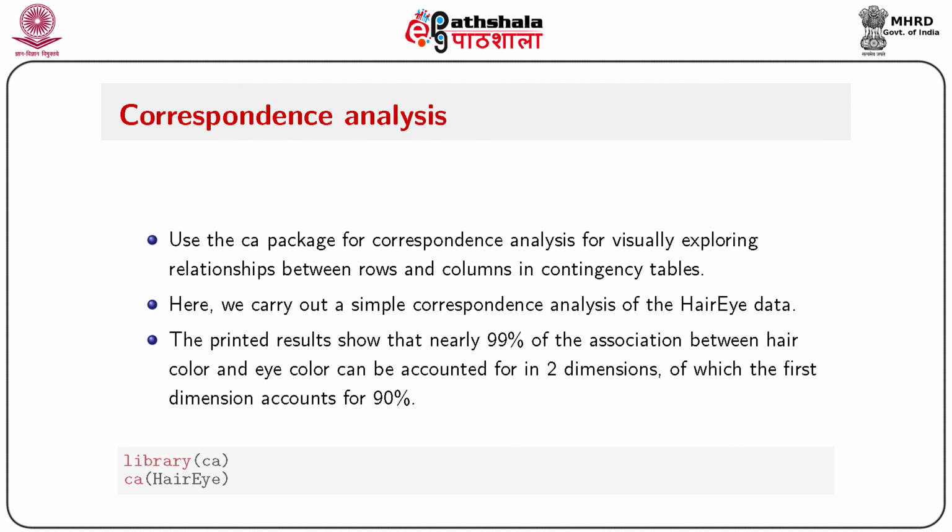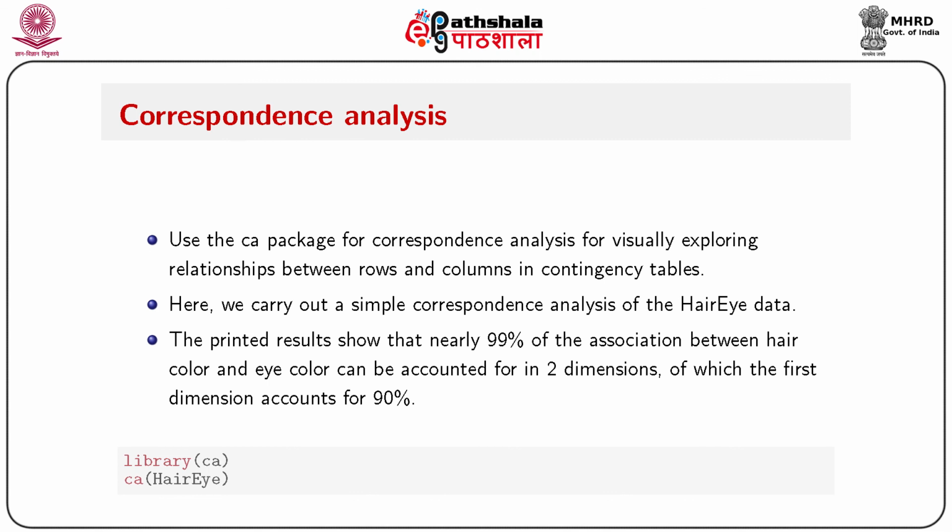Here we carry out the simple correspondence analysis of the hair eye data. The printed results show that nearly 99% of the association between hair color and eye color can be accounted for in two dimensions, of which the first dimension accounts for 90%.